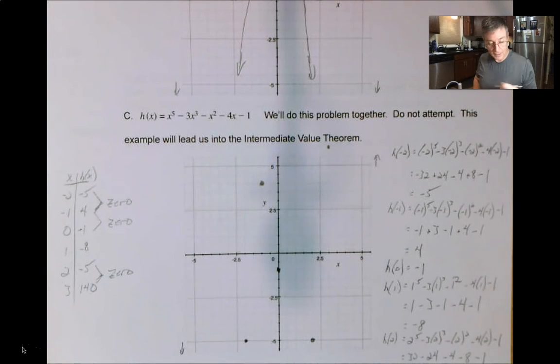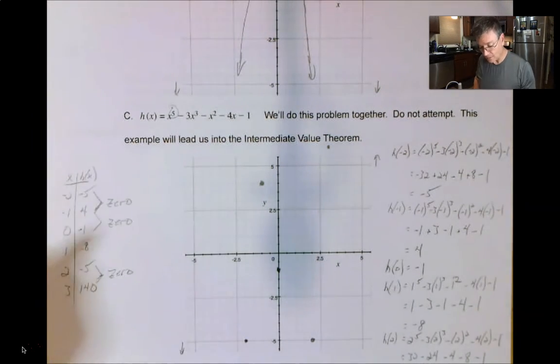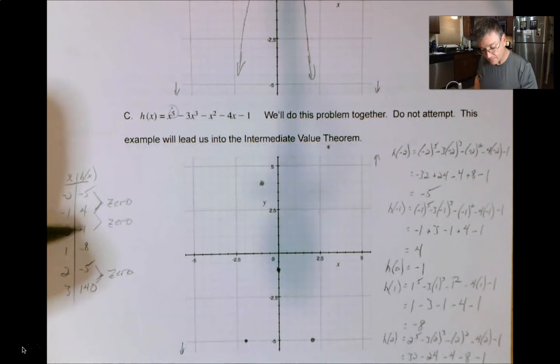Now, I'm not going to hone in. Technically, there are 5 zeros. I'm not going to hone in to try and find the other 2. It's possible that they are imaginary. We might never be able to find them. They may be in between these or these. We don't know.